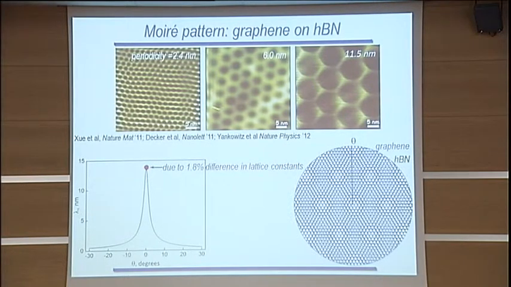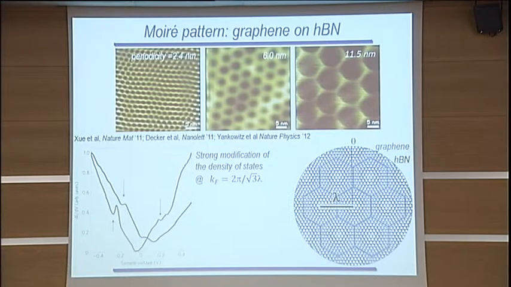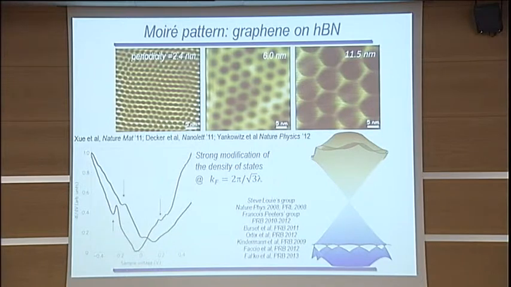Now, of course, you can see it also in electronic properties. Here is the scanning tunneling spectroscopy picture, and you can see a very pronounced van Hove singularity followed by a sharp minimum in the density of states, and that's in principle what has been expected.